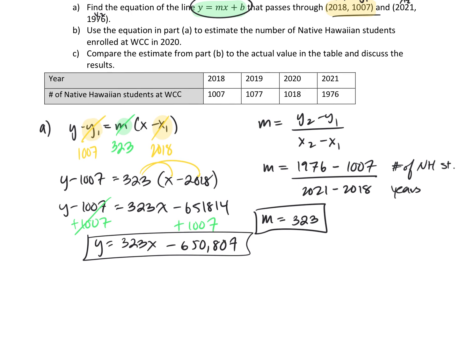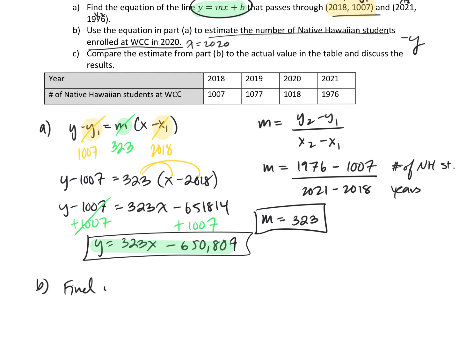So for B, we're going to use the equation in Part A to estimate the number of Native Hawaiian students enrolled in 2020. Now we're trying to figure out the number of Native Hawaiians, which is my y value. We're trying to find y when x is equal to 2020.